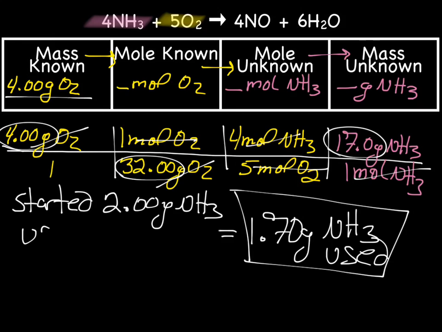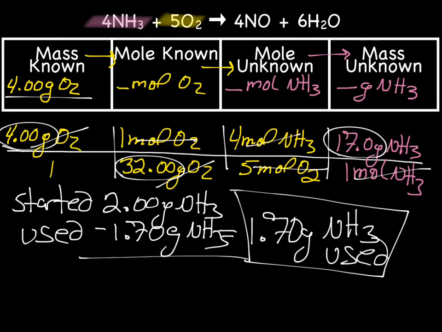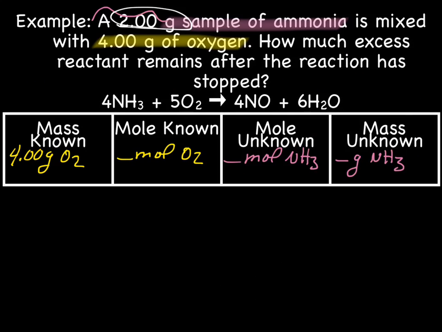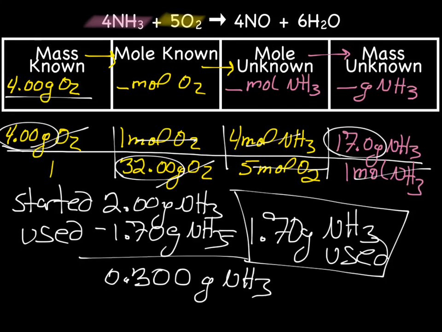We used 1.70 grams of NH3. If we subtract those, we have an excess of 0.30 grams NH3. And that is our excess.